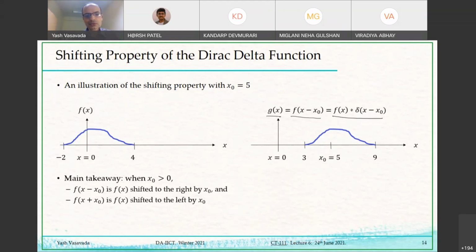For positive x naught, f of x minus x naught is f of x shifted to the right by x naught. And f of x plus x naught is f of x shifted to the left by x naught. So this is how we think of the shifting.